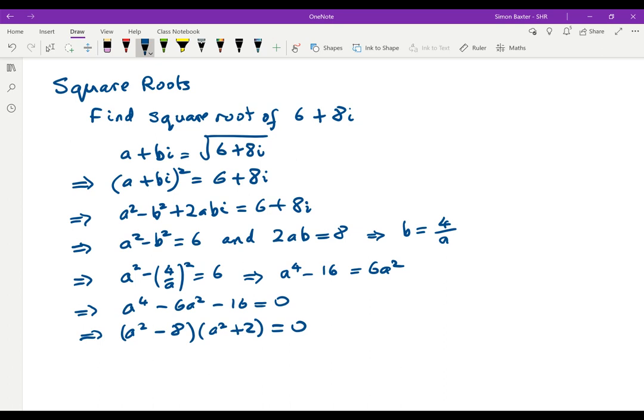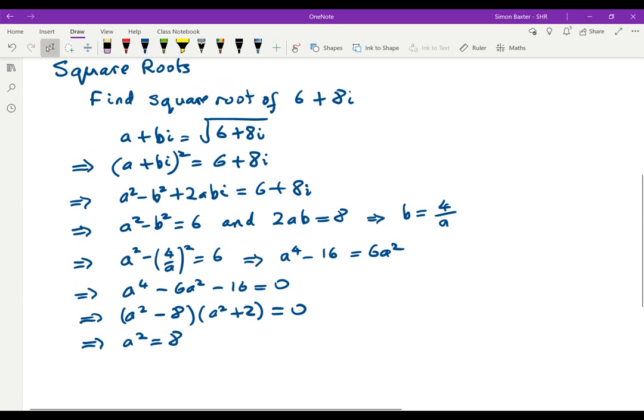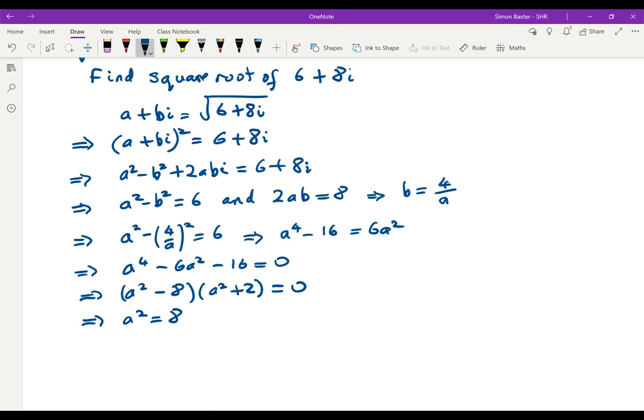And so this gives us that a squared equals 8, or a squared is minus 2, but a is real, so that can't happen. If a squared is equal to 8, then a is equal to the square root of 8, which is 2 root 2, or minus 2 root 2, and b is equal to 4 divided by 2 root 2, which is root 2, or minus root 2.